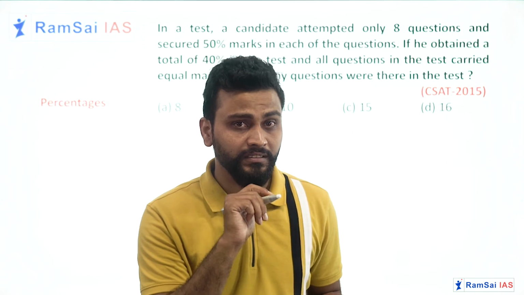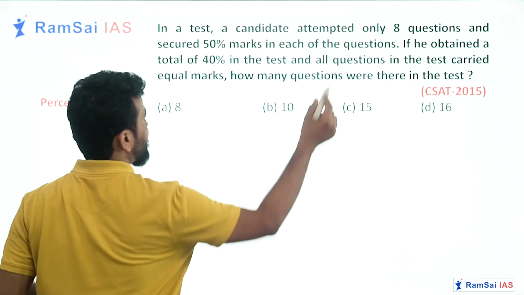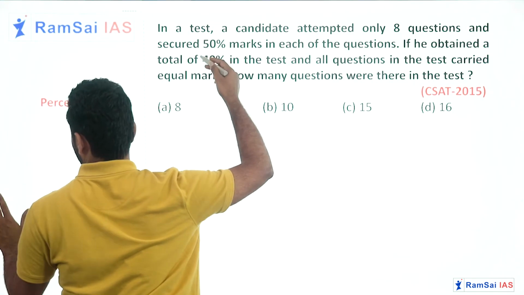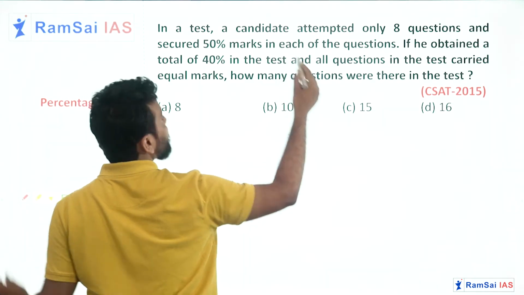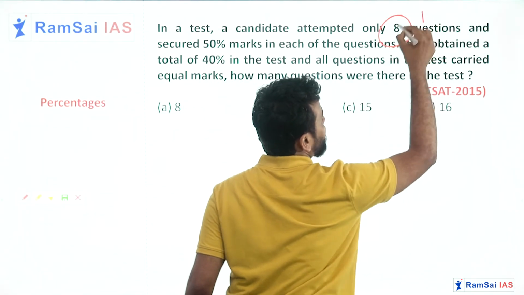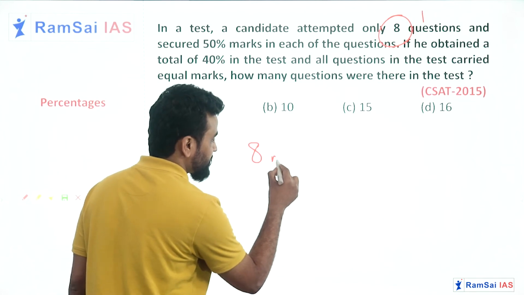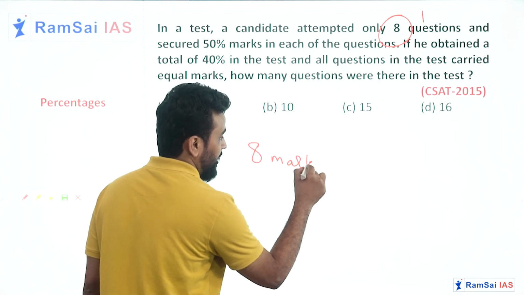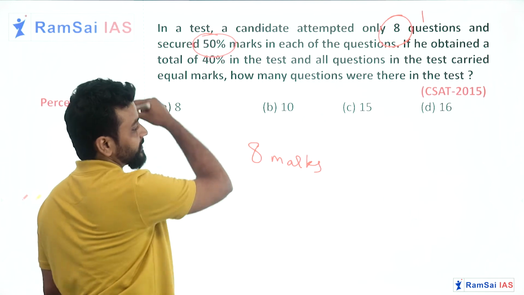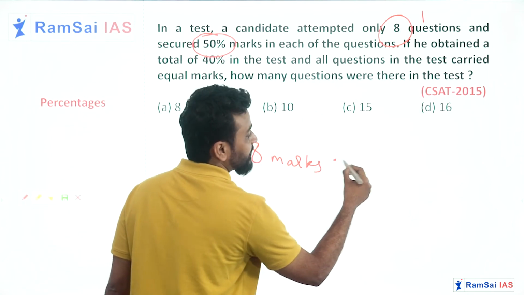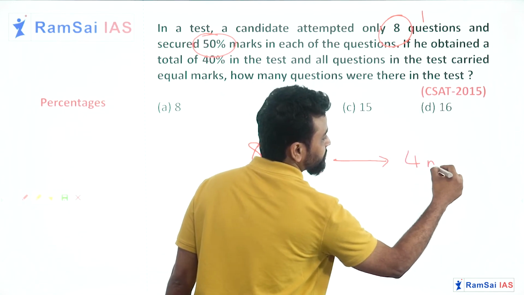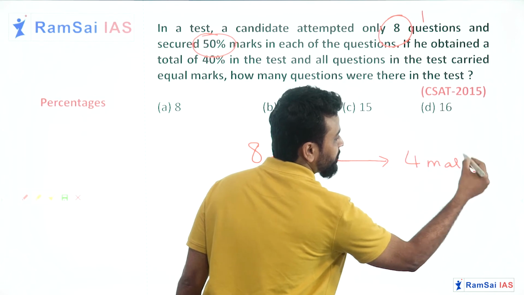I'll consider 1. Just imagine each question carries 1 mark. So he attempted 8 marks and he got only 50% of it. So he got only 4 marks.